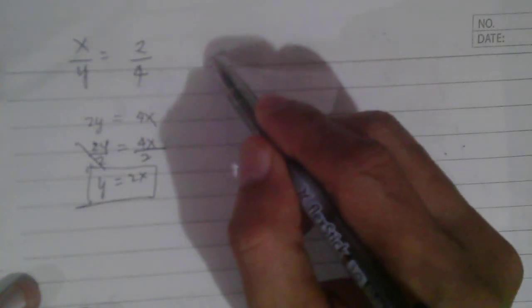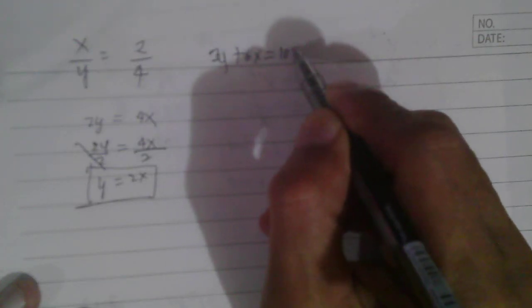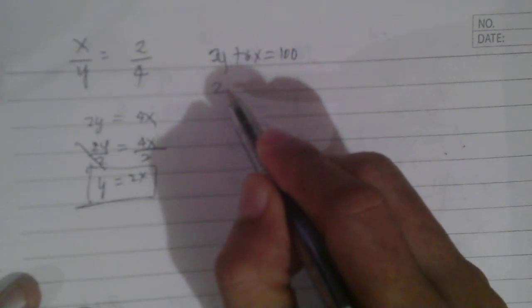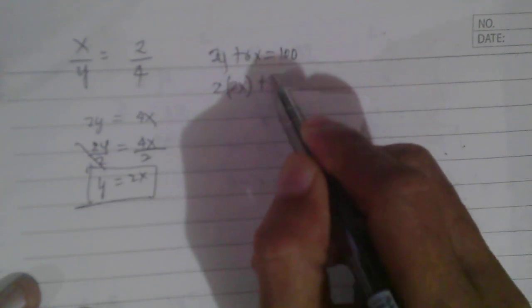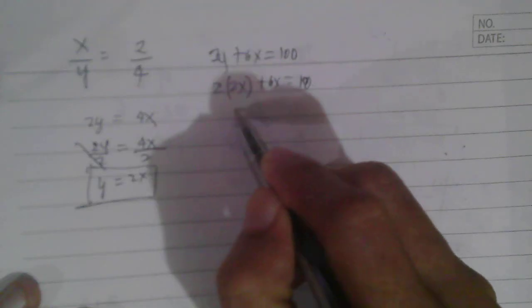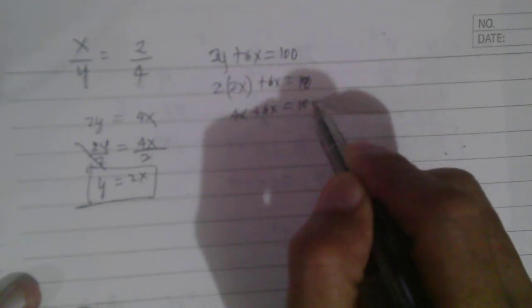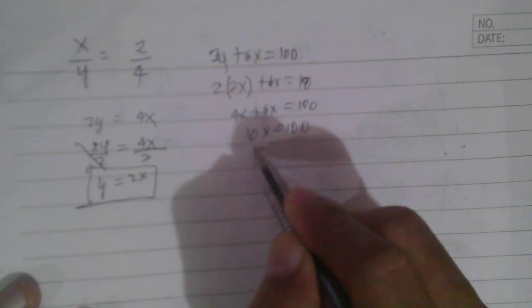That is the final bundle. So the budget is 2y plus 6x equals 100, and y is 2x. So 2 times 2x plus 6x equals 100. You have 4x plus 6x, 10x equals 100, x is 10.